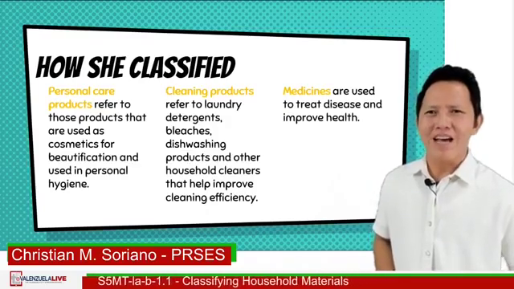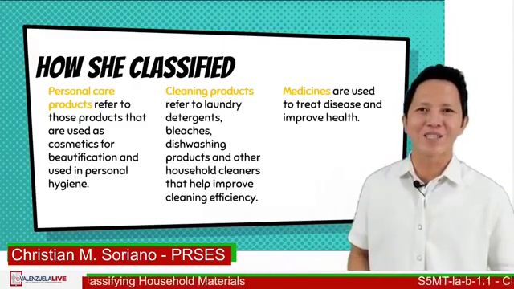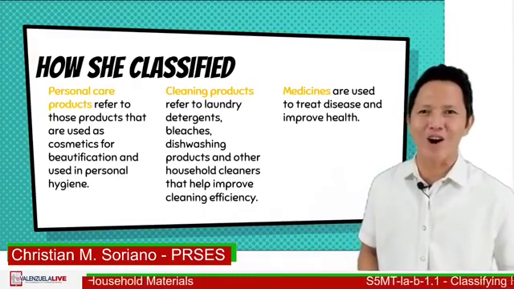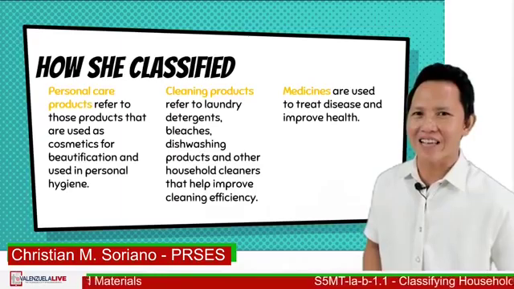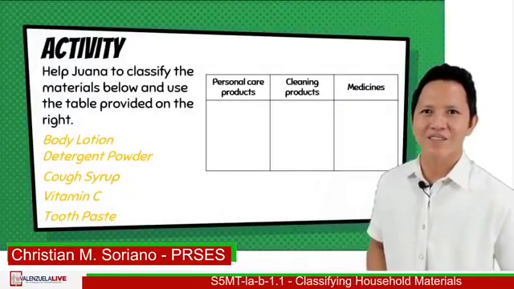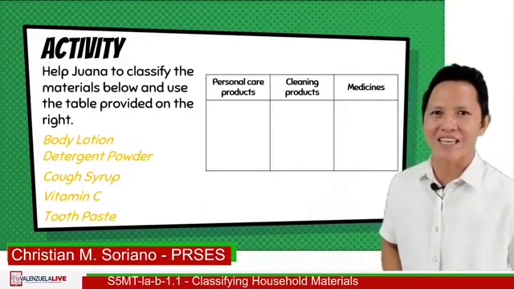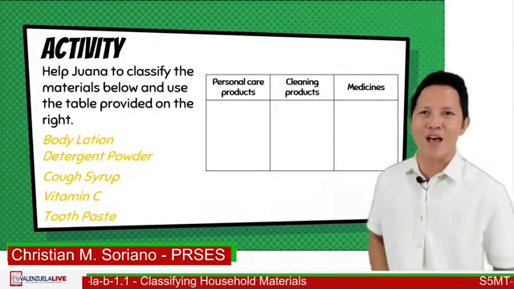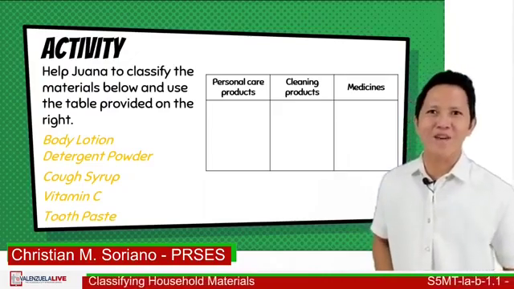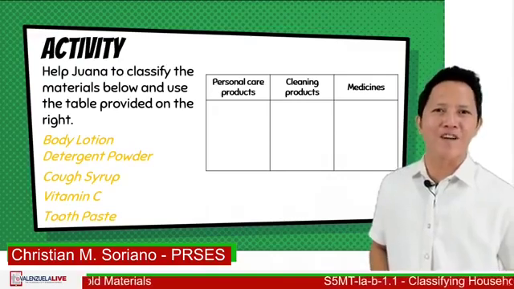Now, as a short activity, to help Juana sort out or classify the things her mother and she bought, I'm going to accompany you into an activity. This time, I'd like to help Juana classify the materials below and use the table provided on the right.